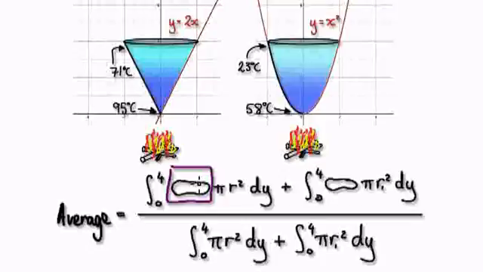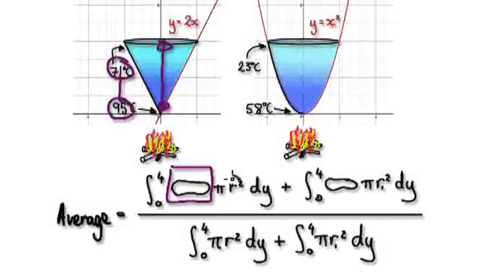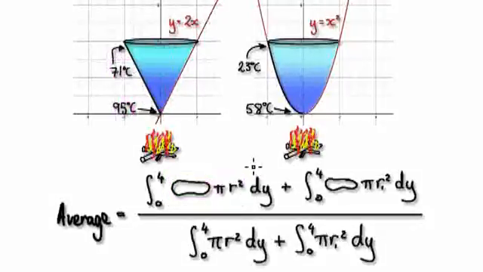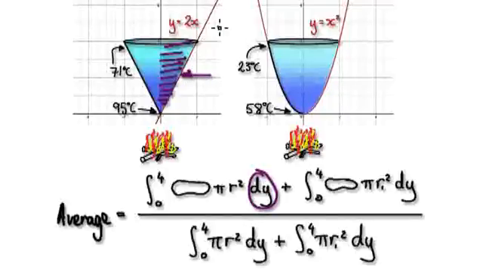So we need to set this up later. This bit here is the temperature from 95 to 71. And then pi r square. Don't forget we're summing up all the disks. So the thickness of this disk here is dy, and we need to know the radius of this thing here.